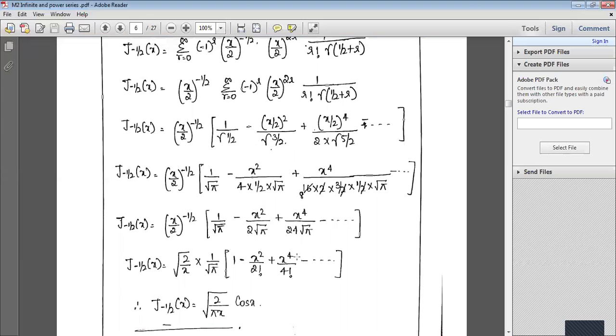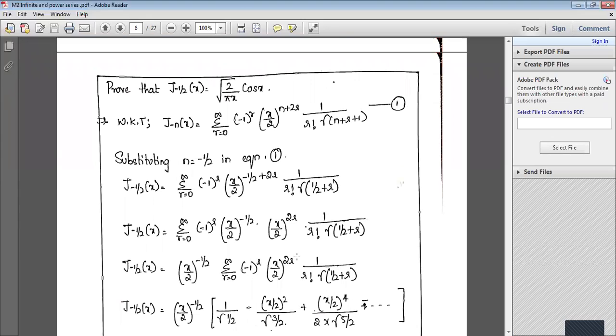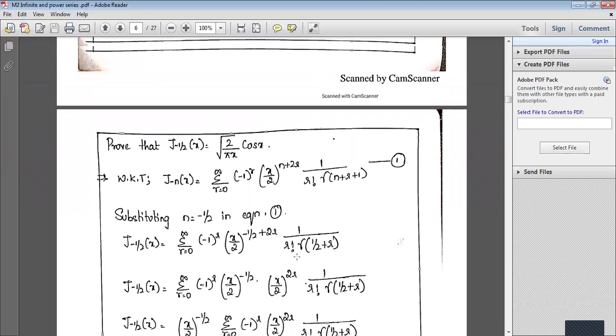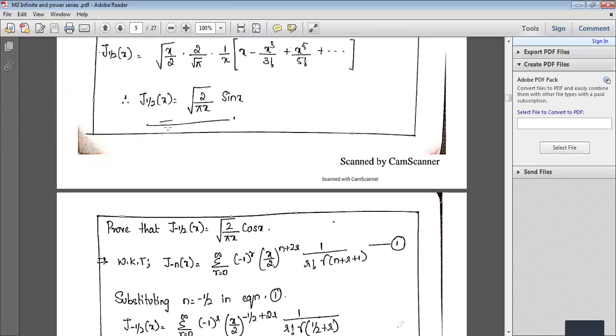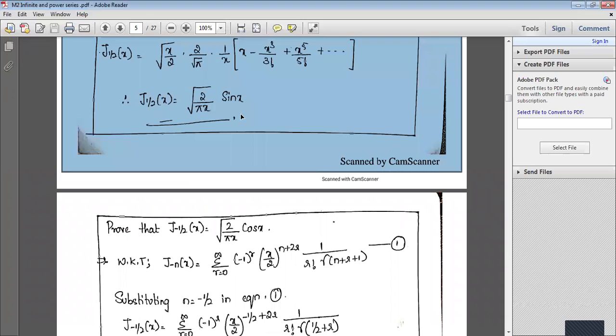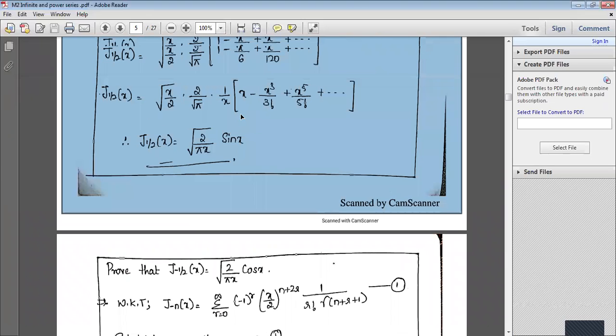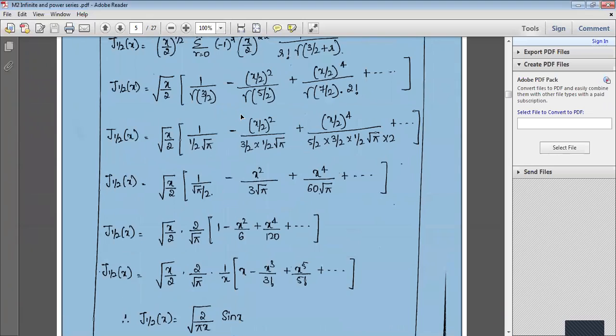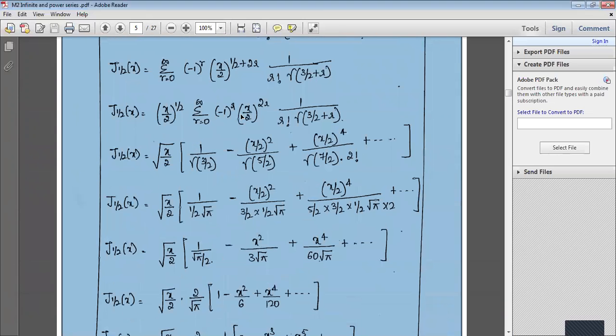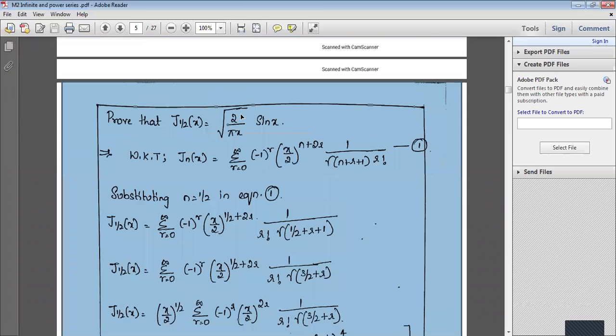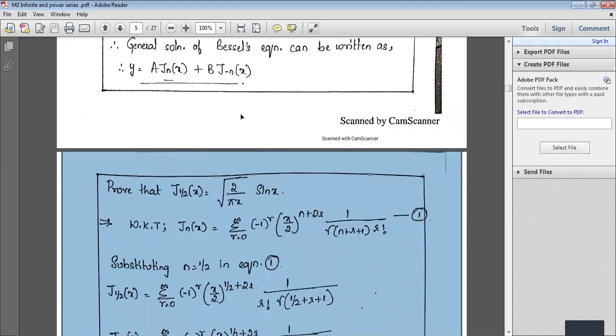If you learn sin, the second one, cos, is very easy. See this one: prove that J of minus n is equal to minus of. Similarly here, J of x is square root of 2 by pi x into sin x. This also they may ask in the exam.